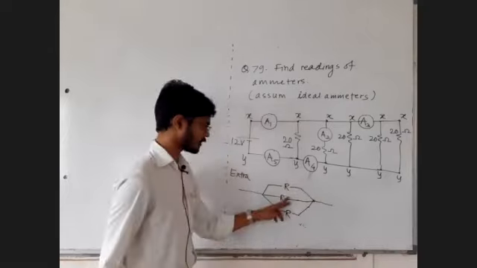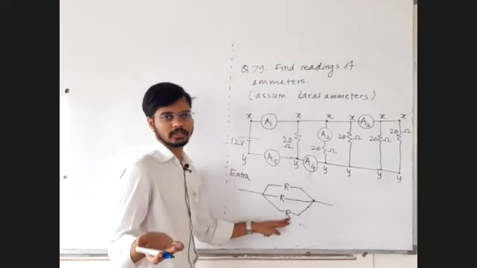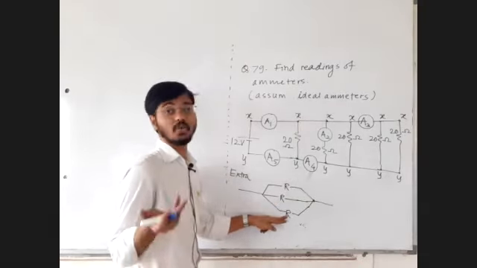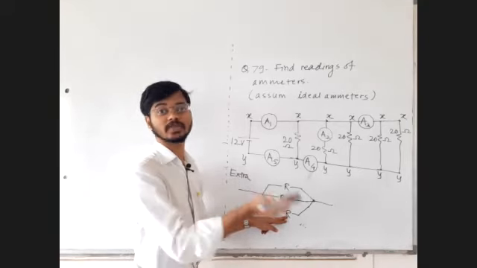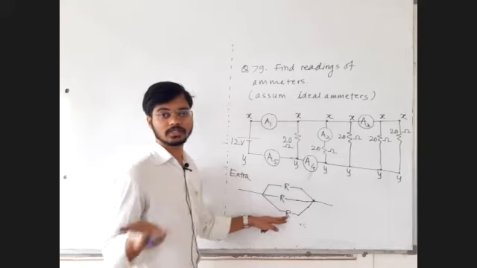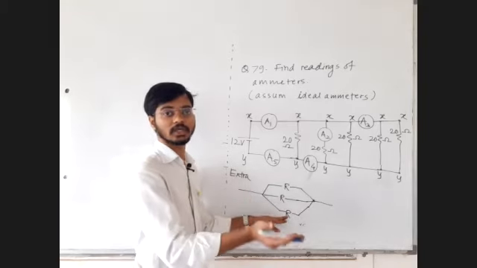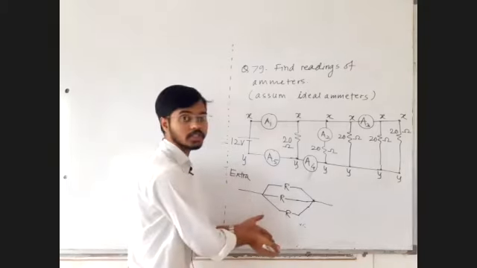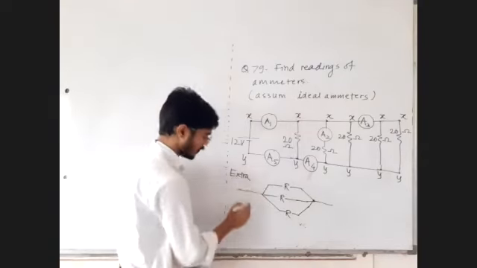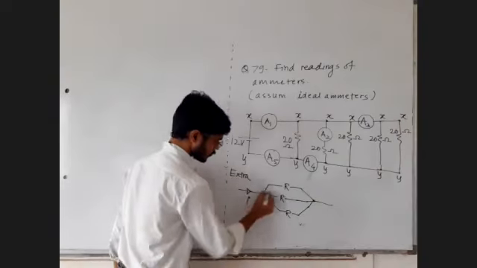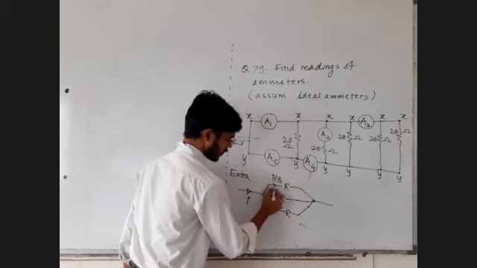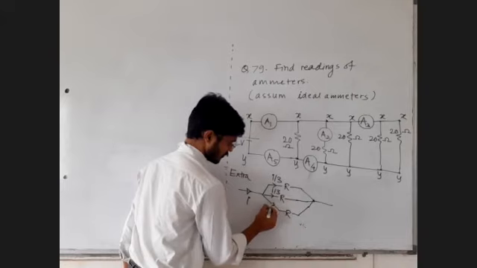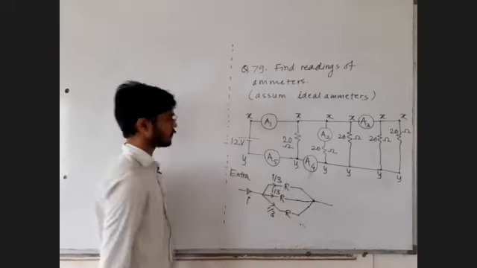Because equal resistances means equal conductances, and equal conductances means equal conductance fraction. If all the conductance fractions are equal, current will divide equally. So here the current will be I by 3, I by 3, I by 3.